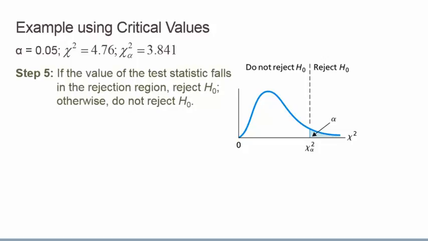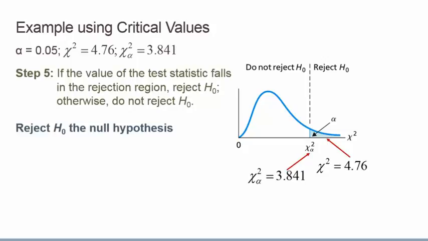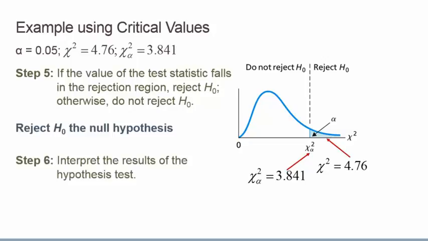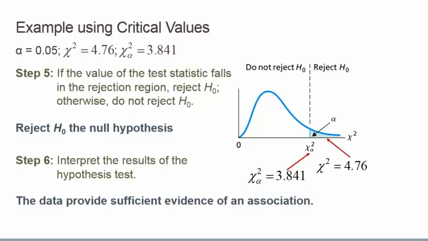Otherwise, do not reject H sub 0. The critical value chi-squared sub alpha is 3.841. Our test statistic chi-squared equals 4.76, which is to the right of our critical value, and that falls in the rejection region. Reject H sub 0, the null hypothesis. Step 6. Interpret the results of the hypothesis test. The data provide sufficient evidence of an association.